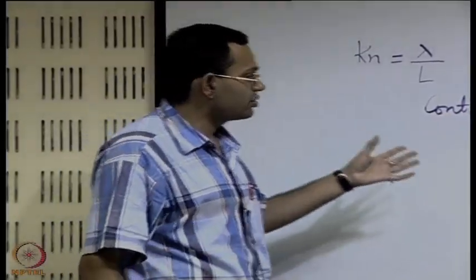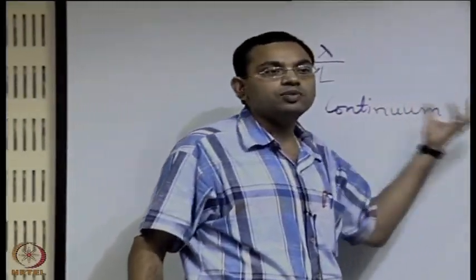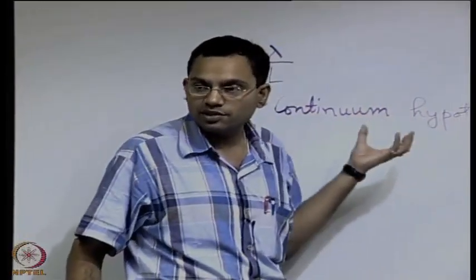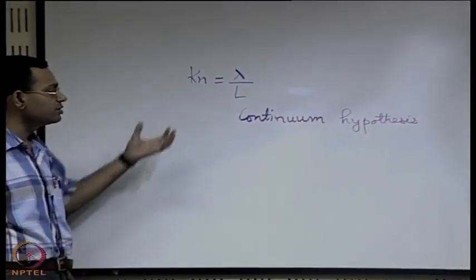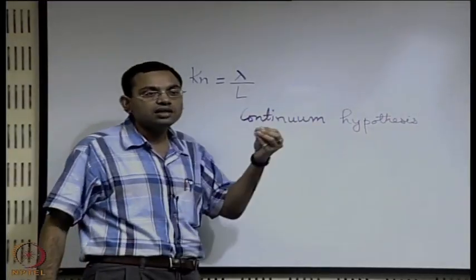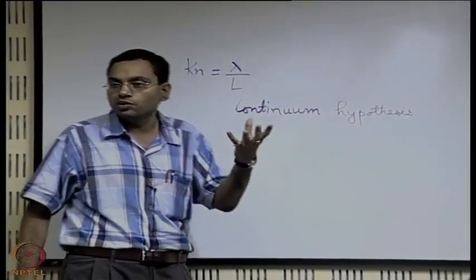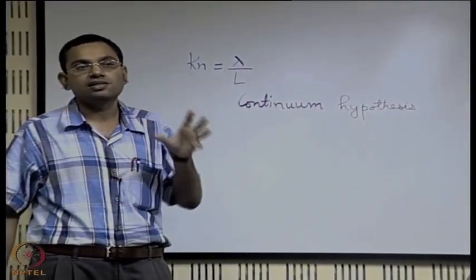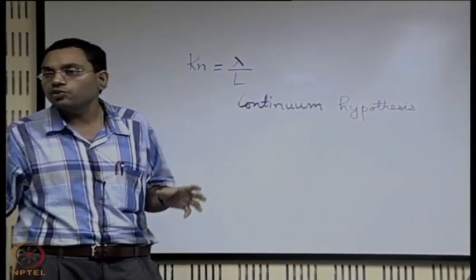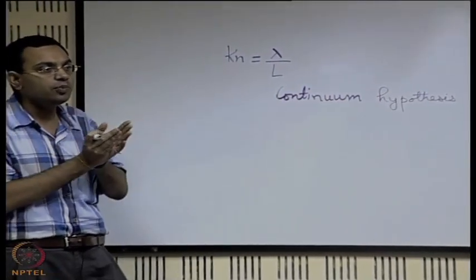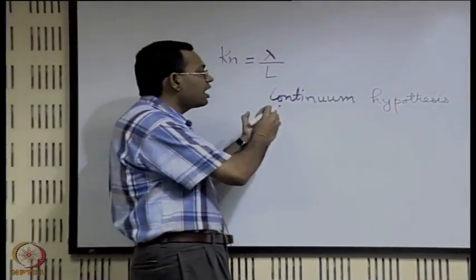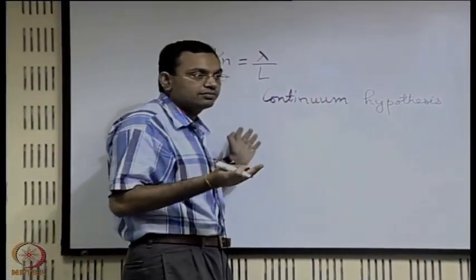Throughout this course we will be concerned mostly with situations when the continuum hypothesis works. That means there are sufficiently large number of molecules in the system, so that uncertainties with regard to individual molecules do not influence the prediction regarding the fluid flow to a significant extent, because we are not looking from a molecular viewpoint, but treating the fluid as continuous matter.